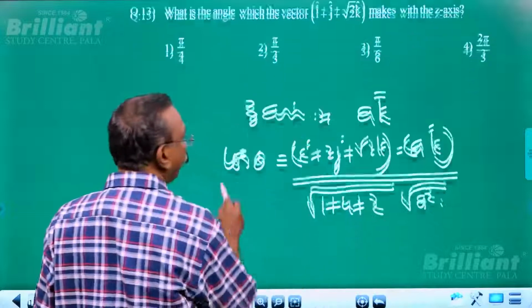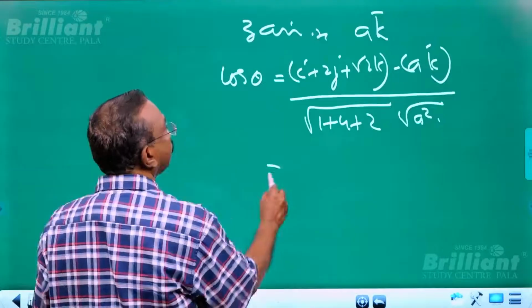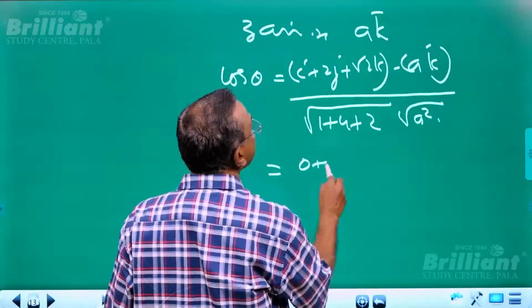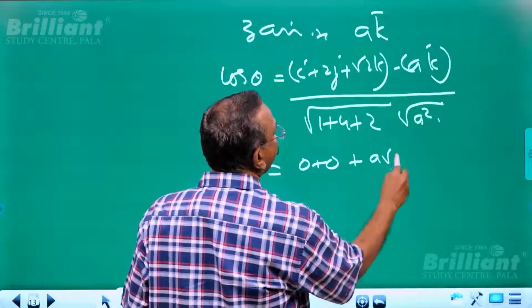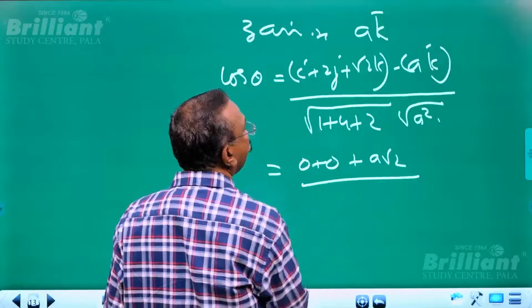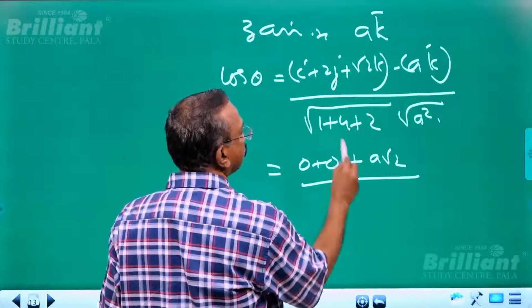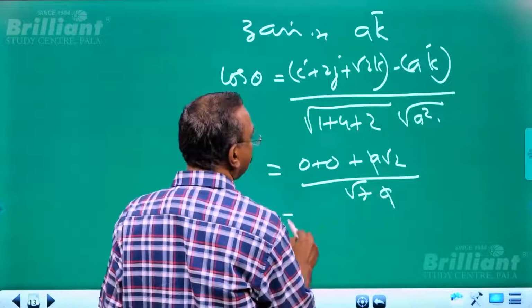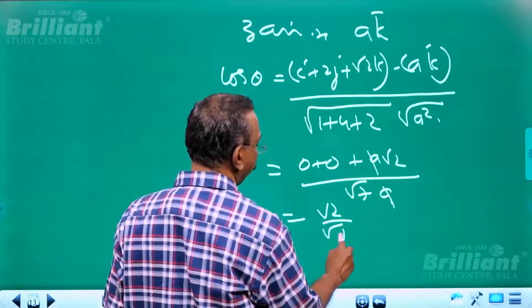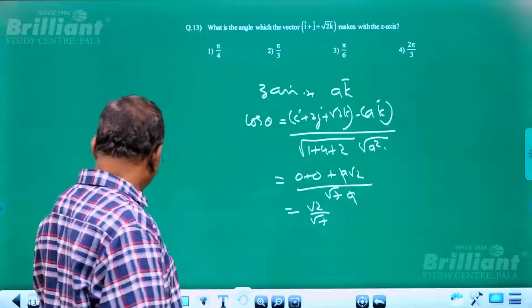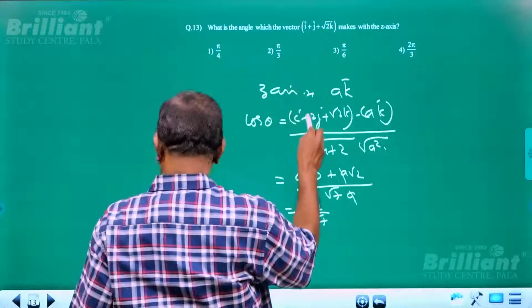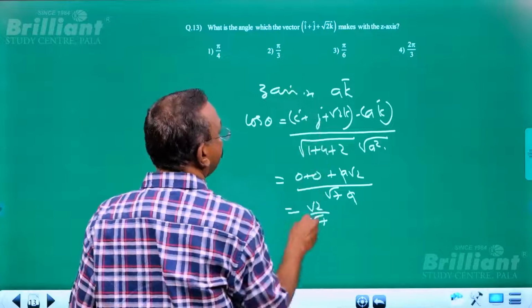Expanding, i has no term so that's 0, j again 0, plus a root 2, divided by 7 root 7 into a. So a gets cancelled, it is equal to root 2 divided by root 7. Here I made a small mistake in selecting the question: I marked this as j, so this is a small change.